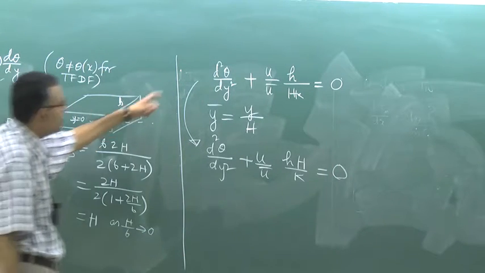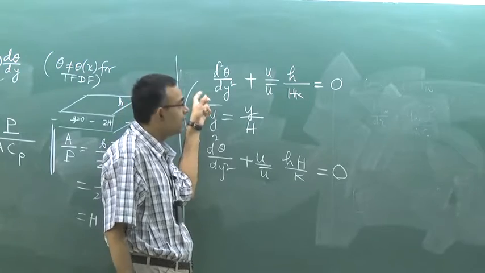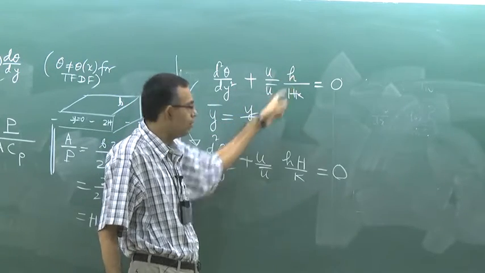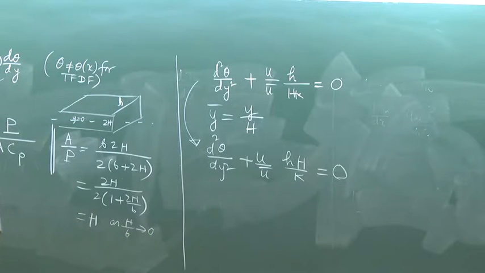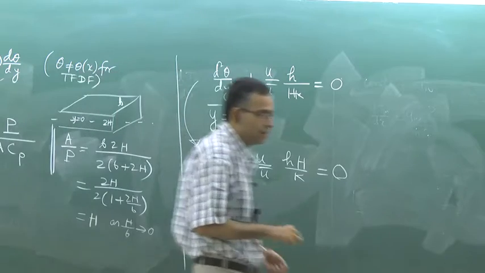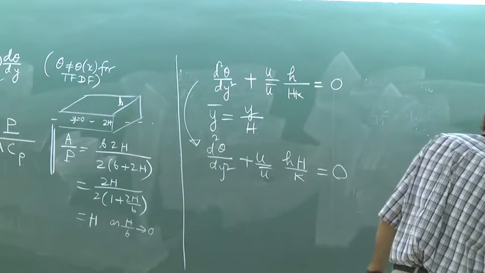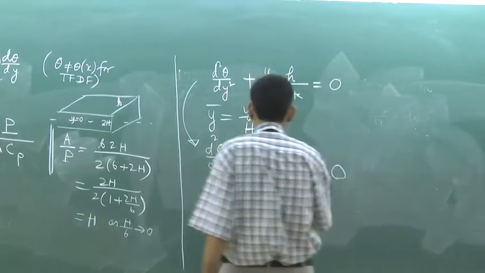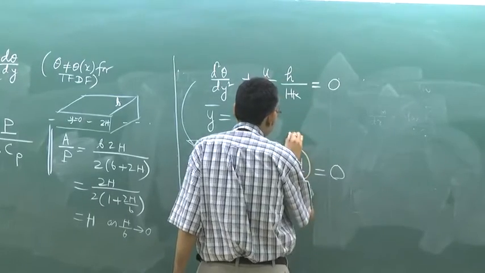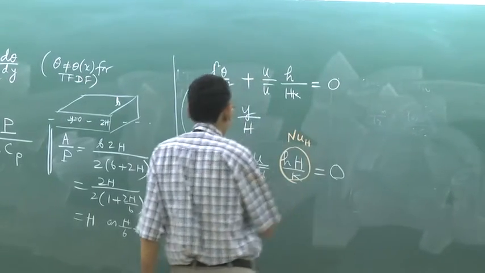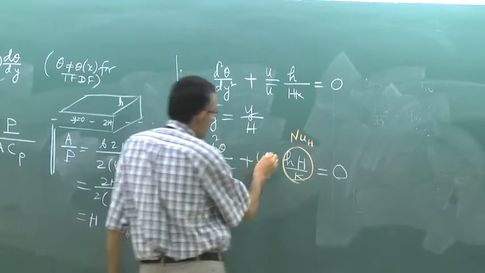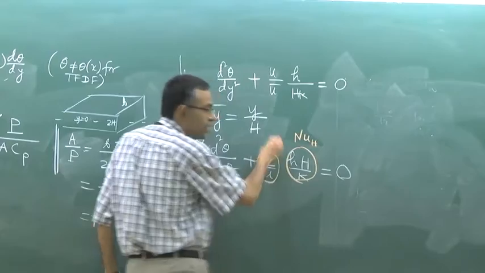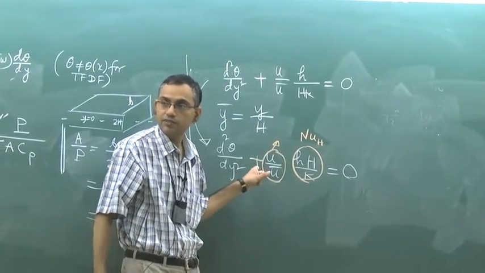So there will be a 1 by h square here, that h square coming here will make it h by k. So in a non-dimensional form this becomes what? This is the Nusselt number based on h. And what is this? This is the velocity profile. This is where fluid mechanics comes into the heat transfer calculation.